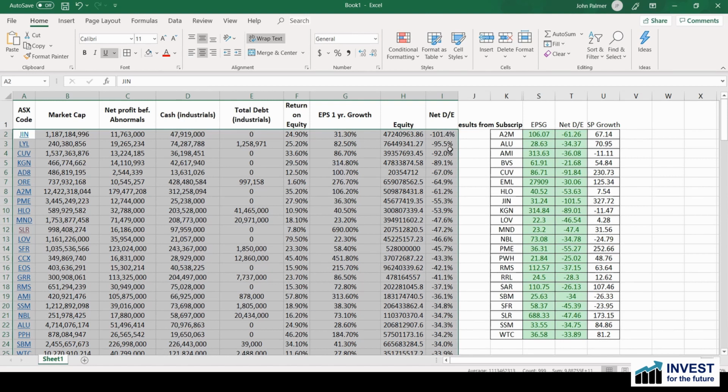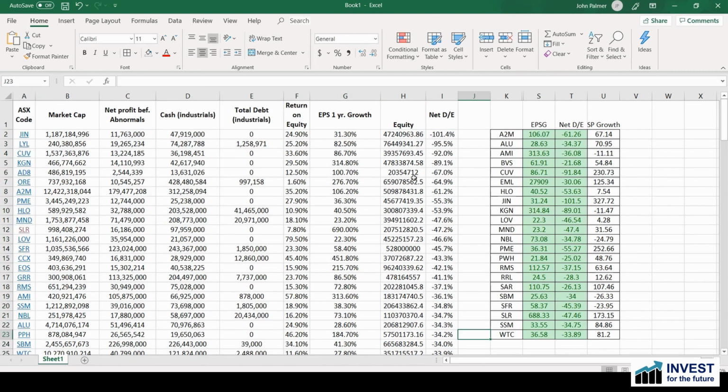Now the big question is, is this the same list as what we produced from my subscription service? So what we have over here are the results from my work on the subscription service that I posted about a week ago. And these were the 23 companies that had earnings per share growth greater than 20% and net debt to equity less than negative 20%.